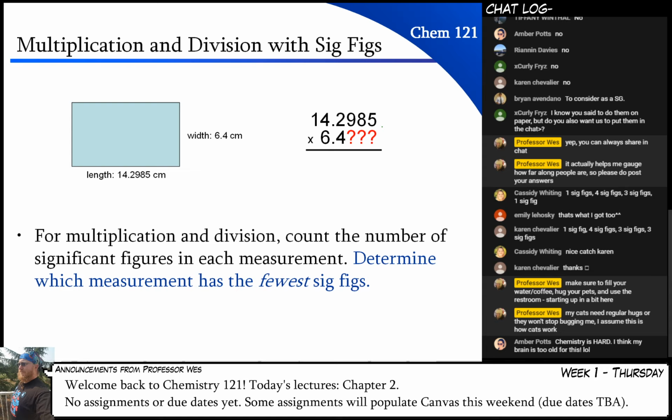The first thing we're going to do is look at how good our values are. How many sig figs are in each of these numbers? So in 14.2985, there aren't any zeros, so we would say that this number has 6 sig figs in it. In 6.4, none of those are zeros, but there are only 2 digits there.